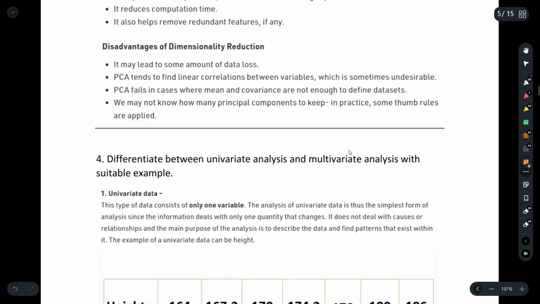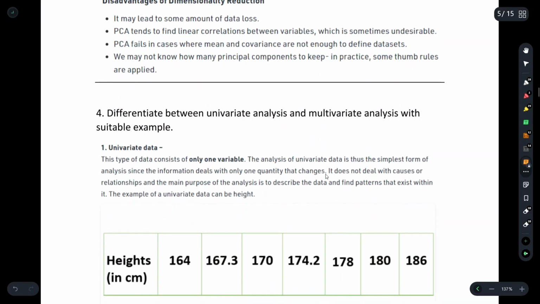Differentiate between univariate analysis and multivariate analysis. Univariate analysis is nothing but working on a single component. It consists of only one variable. The analysis of univariate data is simply working on one single quantity. It doesn't deal with causes or relationships.